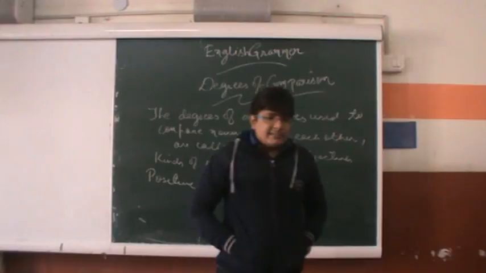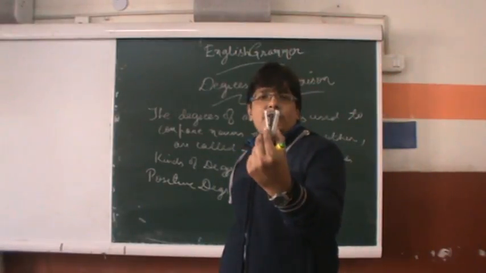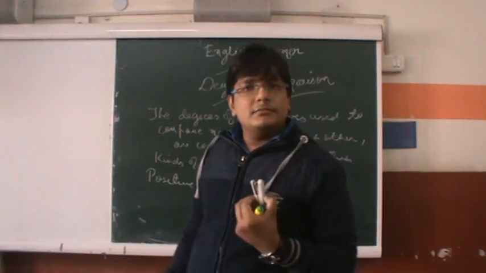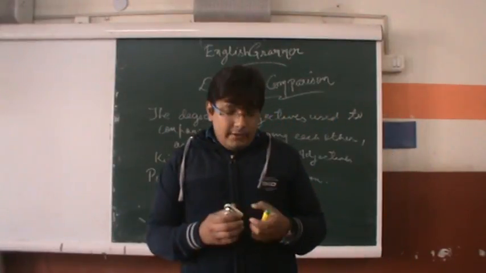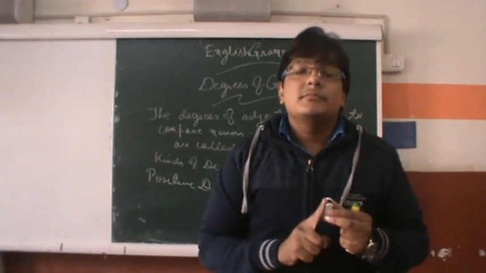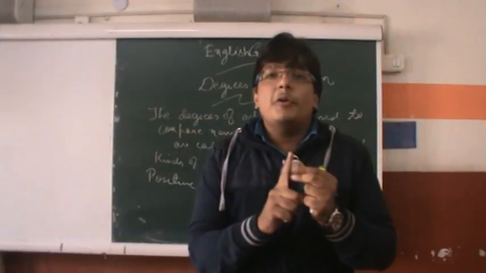If I take an example of this stapler, I would say this is a large stapler. Or I would say this stapler is as large as my finger. Fine? So I am comparing two similar sized objects.